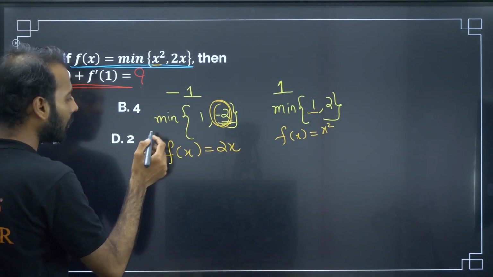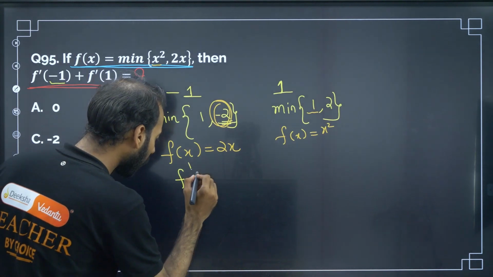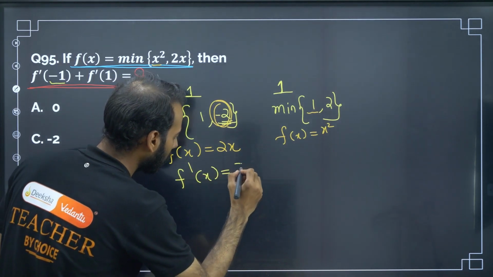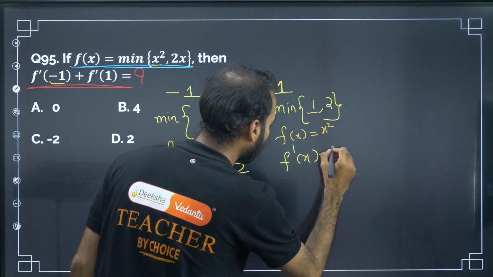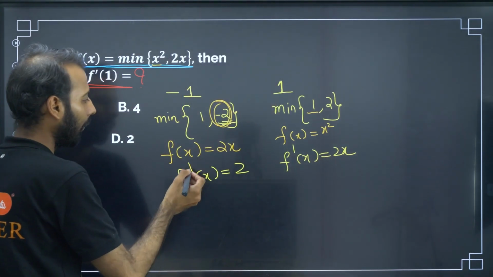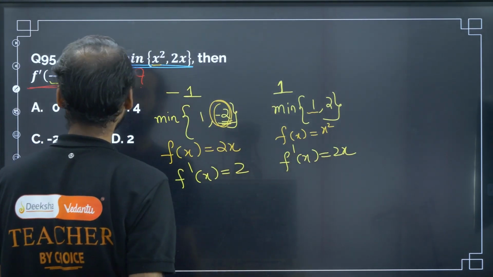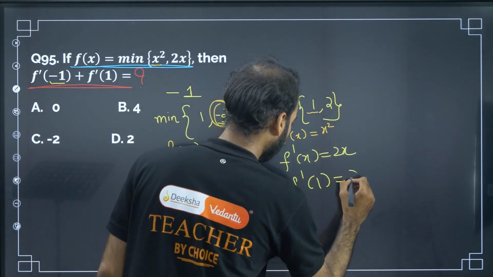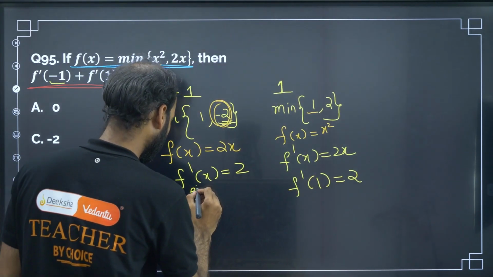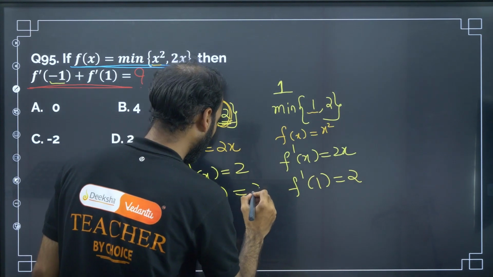Next, f'(x) is 2, f'(x) is 2x. f'(x) is this. f'(1) is 2. So what are they asking?